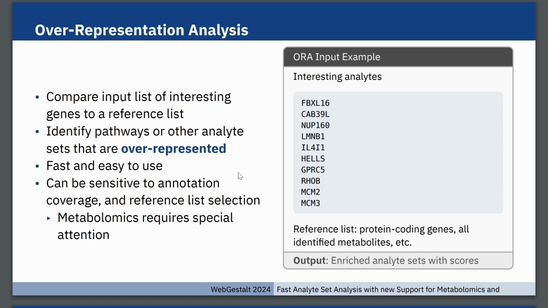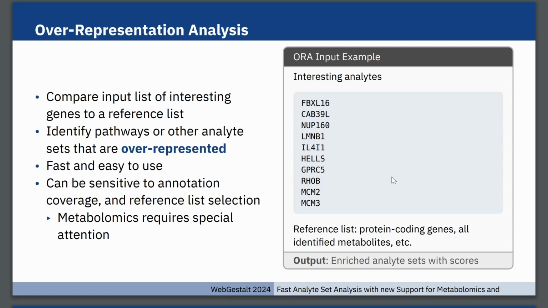And so the input is just a list of interesting analytes, and then you have to provide a reference list, which is the background that you're comparing against. This is especially a problem for metabolomics. For RNA and protein data, your coverage is relatively high. You can probably go for just all protein coding genes, and you're good with RNA data.